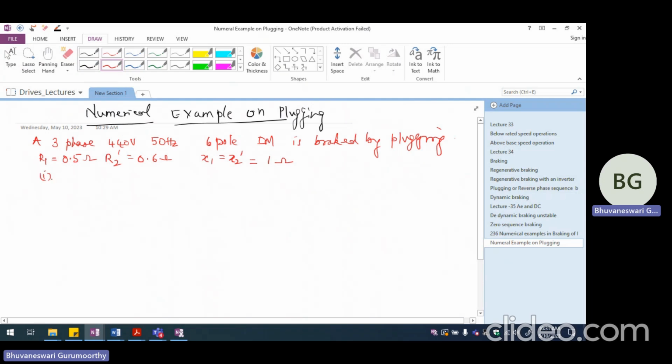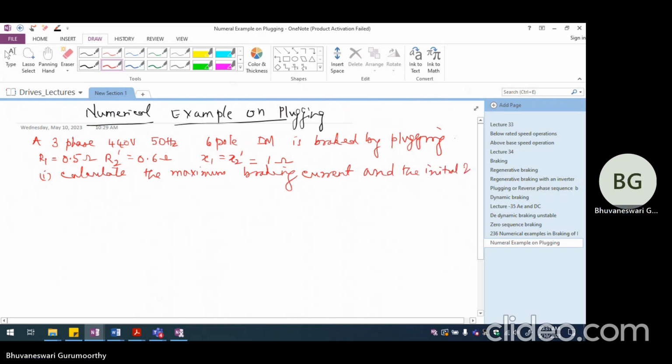So the first division is calculate the maximum braking current and the initial and final braking torque when no external resistance is used.